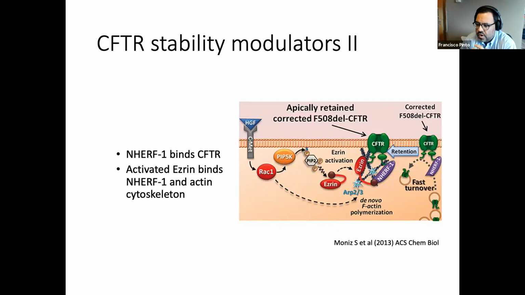NERF1 is known to bind CFTR at the plasma membrane, and this other group characterized a pathway where an external signal activates the degradation of PIP2, which activates another protein called esrin, and esrin also links with NERF1 and links this CFTR NERF complex with the cytoskeleton.